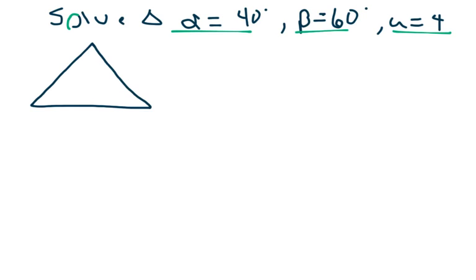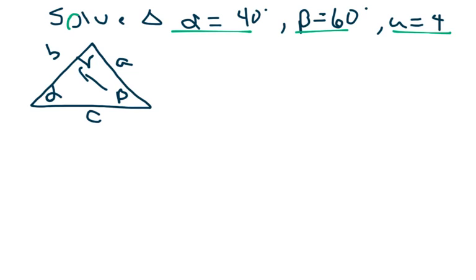And when you label your triangle, remember that if your alpha's here, the side across from alpha is your A. If your beta is here, then the side across from beta is here. And if your gamma is here, the side across from gamma is C. So make sure you label your triangle correctly.